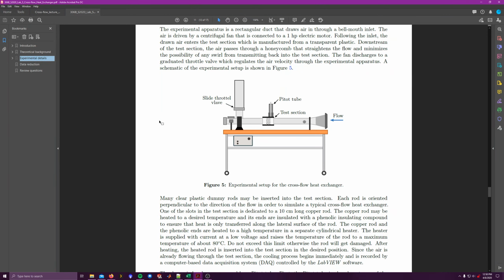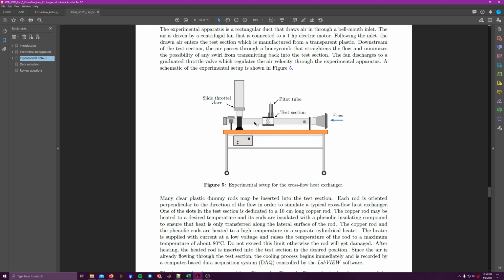So let's go down. Let's go here. So this is what the setup kind of looks like. I don't have an actual picture of the setup, so just gotta use this schematic here, but basically what we're gonna have is we're gonna take in flow, we're gonna suck in air basically into our system here, and that's going to go into this test section right here where we have all of our rods.